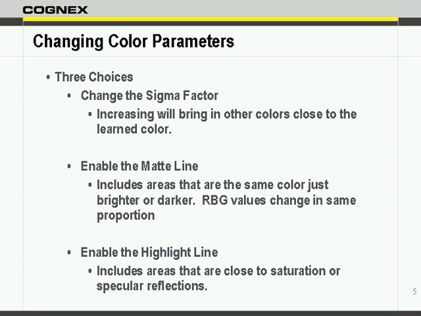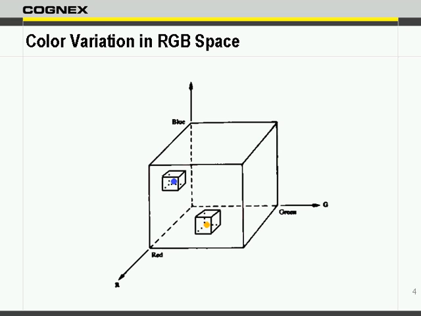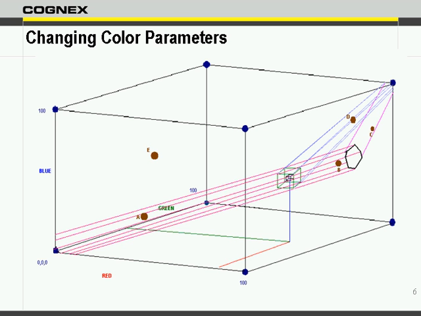Finally, the highlight line basically includes areas that are close to specular reflections or saturation. So we will see a case of that when we go to our workshops, to our sample. But basically, it's this line over here where the color D is included.